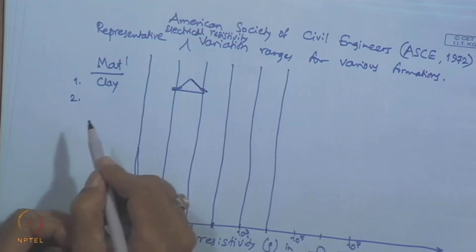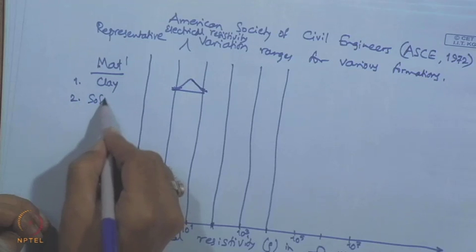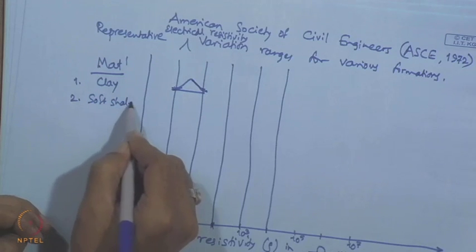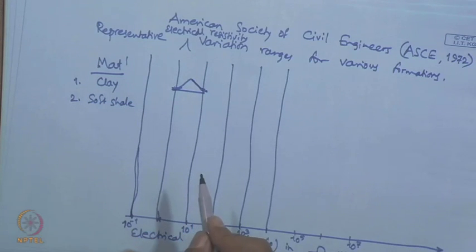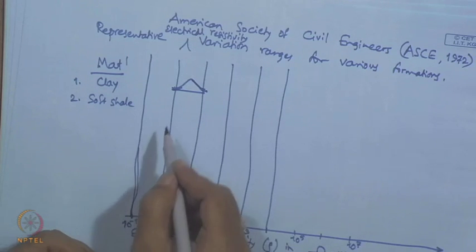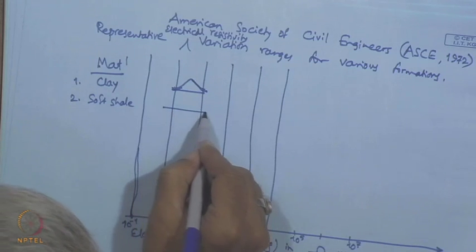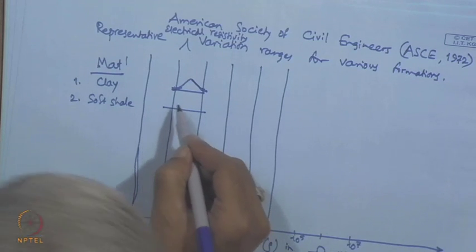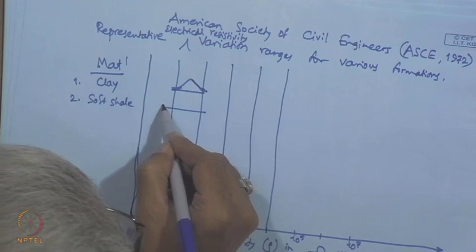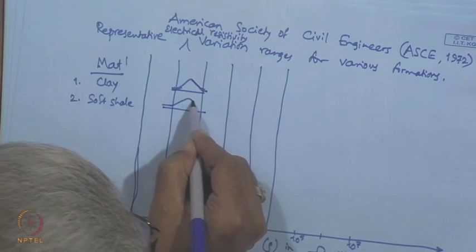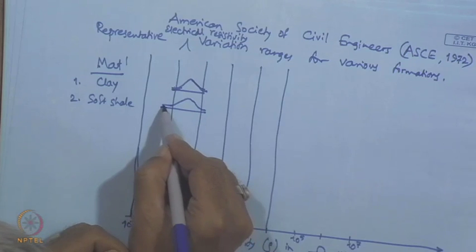Followed by this is soft shale, which is also quite fine grained like clay, and the variation is somewhat similar, only it may show a larger variation on the lower side.